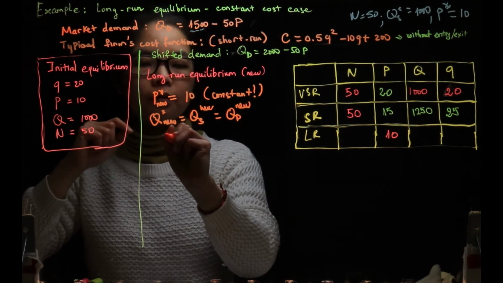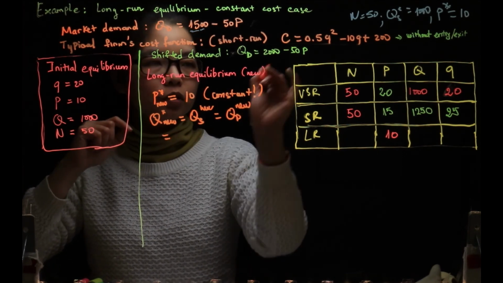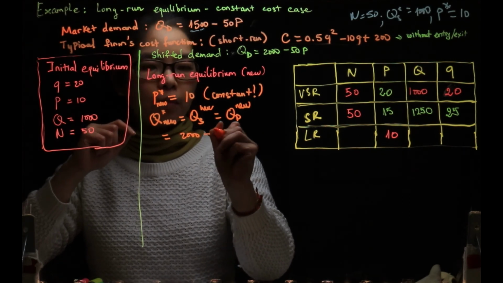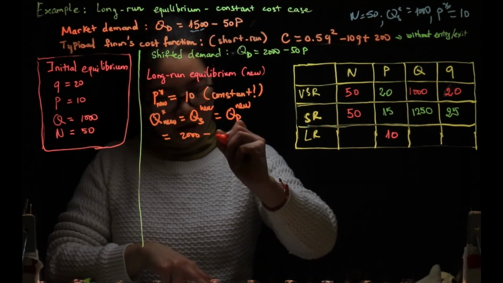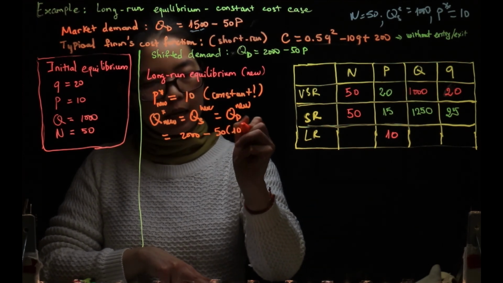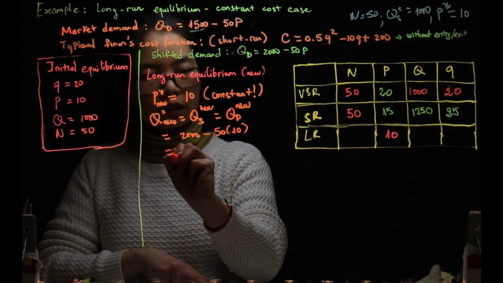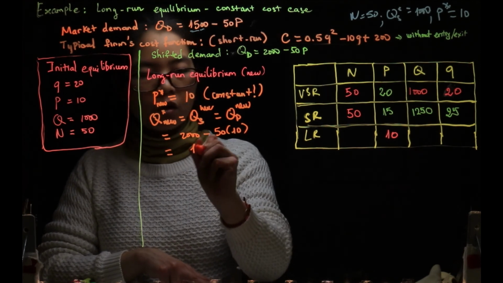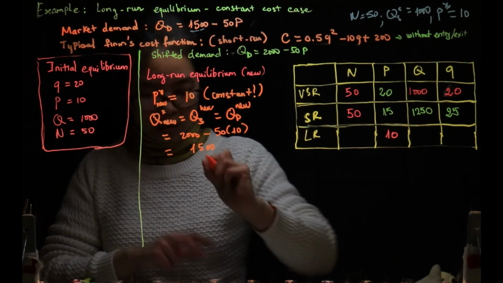Could plug in the new QD, 2000 minus 50 times 10, which equals 2000 minus 500, 1500.